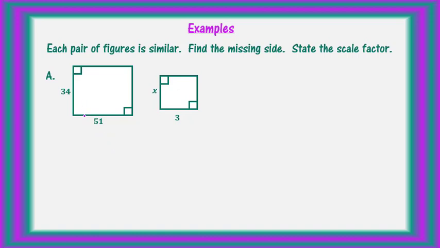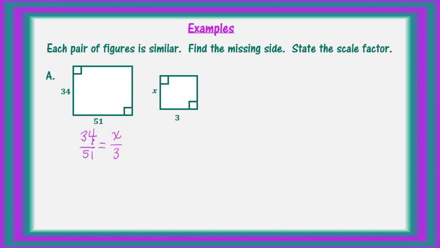So we are going to set up a ratio for the first figure as 34 divided by 51 using the given sides. And I'm going to move this up just a little bit so we have enough space to write. Okay, and we are going to set that equal to the ratio of corresponding sides for the other figure, giving us x divided by 3.